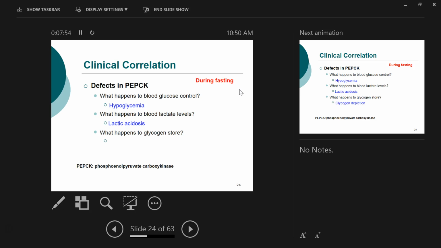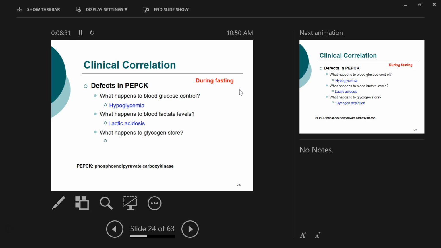So what happens if the gluconeogenic pathway cannot be active during fasting? What happens to the glycogen breakdown pathway? Decreases? Are you sure? I mean the pathway. Sorry, you're talking about the glycogen store. Yes, decrease, you're right. I was asking whether the glycogen breakdown pathway activity will be increased.